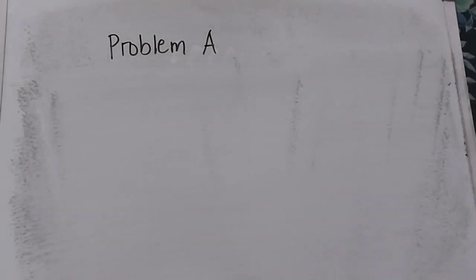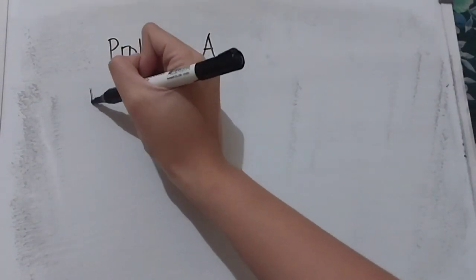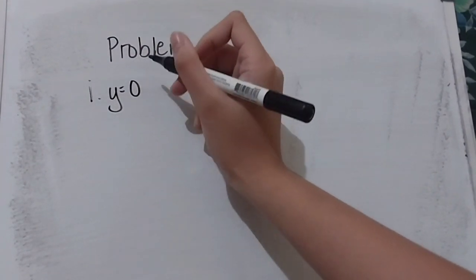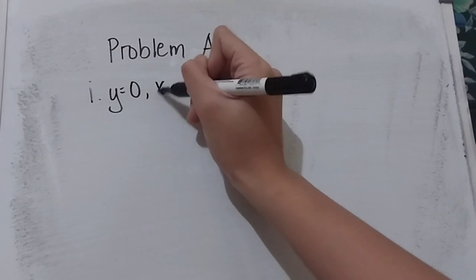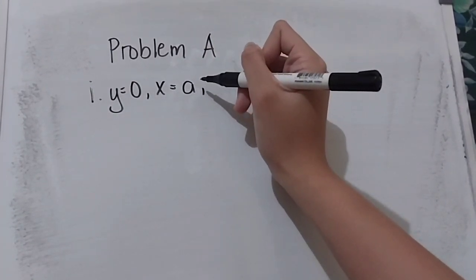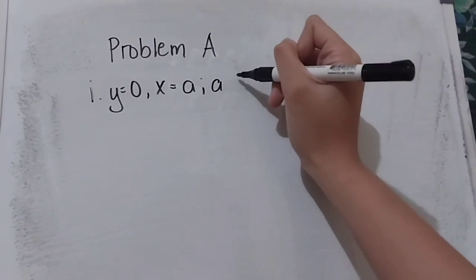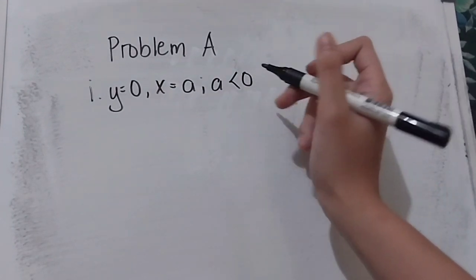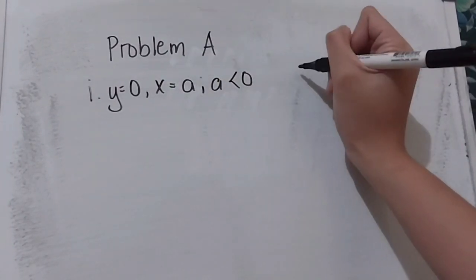For our last step, we will now check the maximum value of S. First is y equals to 0, x equals a. The maximum value if a is less than 0. So let's substitute it.